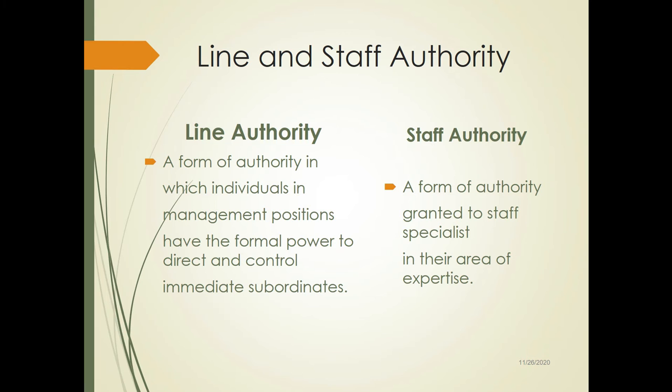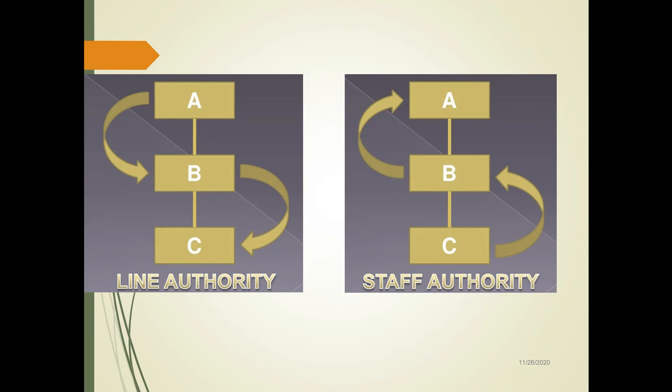So this is an example of line authority. Here, your boss has authority over their immediate subordinate, and this boss here has authority over their subordinate.